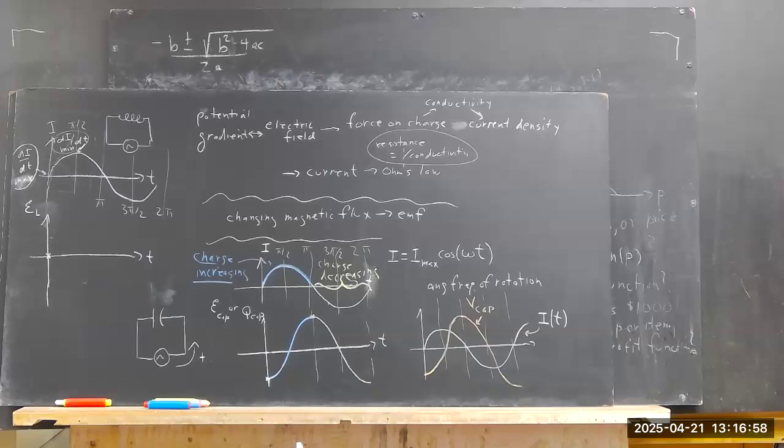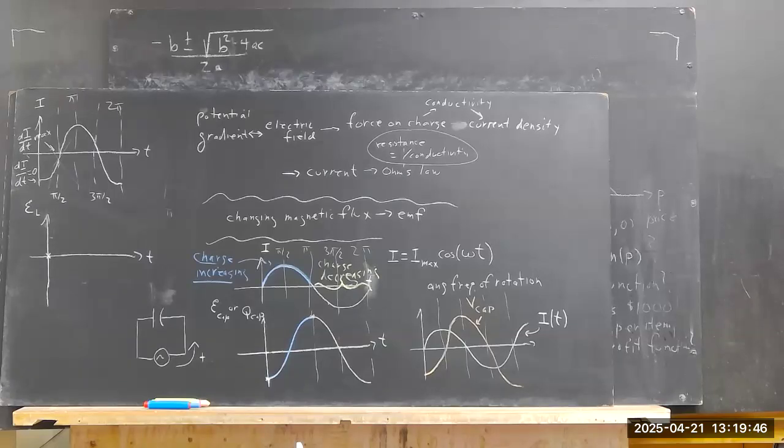Hang on a minute. I have the picture not the way I wanted it. Because I want the initial EMF to be zero. And that's only going to occur if I start the graph either at this point or this point where the rate of change of the current is zero.